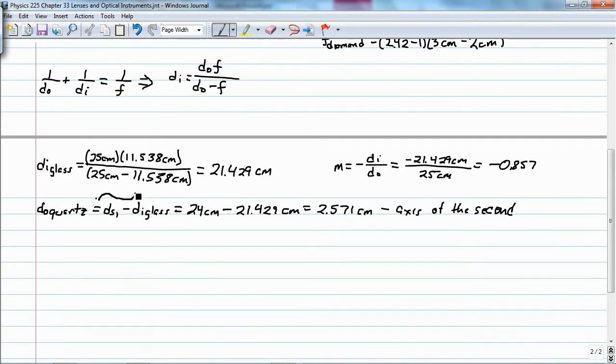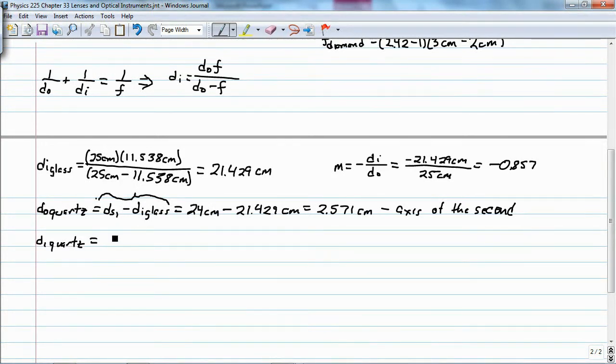The distance between the lenses minus the image, this will always work. So you don't have to change this equation for double convex or double concave, because we keep everything in terms of positive and negative numbers. So we'll be able to just use these equations in this form, just putting in positive and negative numbers.